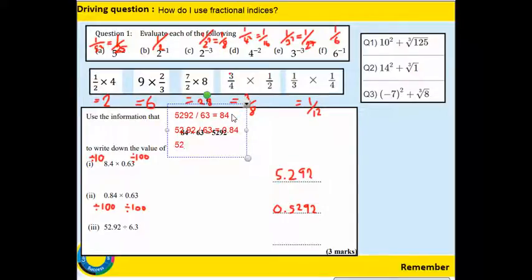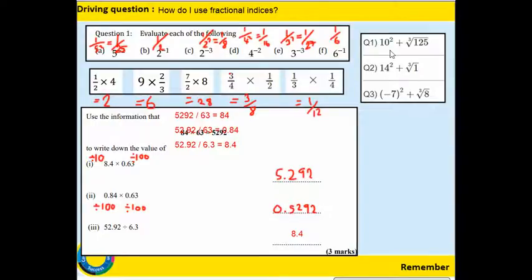Actually, I've got 52.92 divided by 6.3. So if I'm dividing by a number that's 10 times smaller, my answer is going to be 10 times bigger. Think of it as if you're sharing out between less people, you're going to have more per person. So because I'm dividing by a number 10 times smaller, the answer will be 10 times bigger. So the answer down here is 8.4.